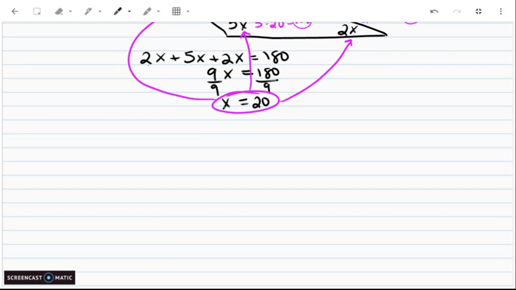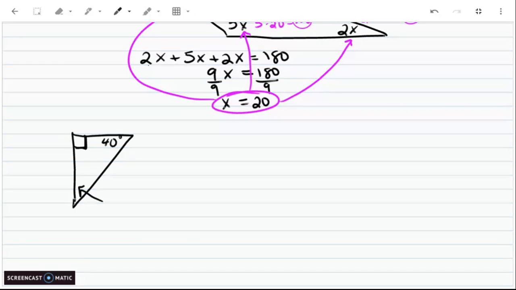I'm going to put this square there, and that means that it's 90. But I'm not going to write 90. You have to know that. This angle is 40, and this angle in here is 34 plus x.